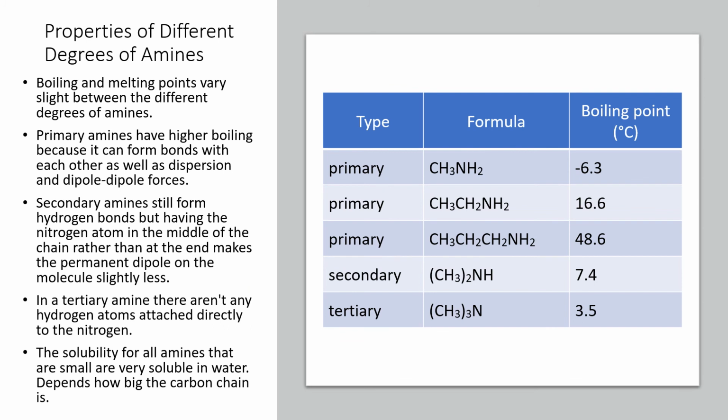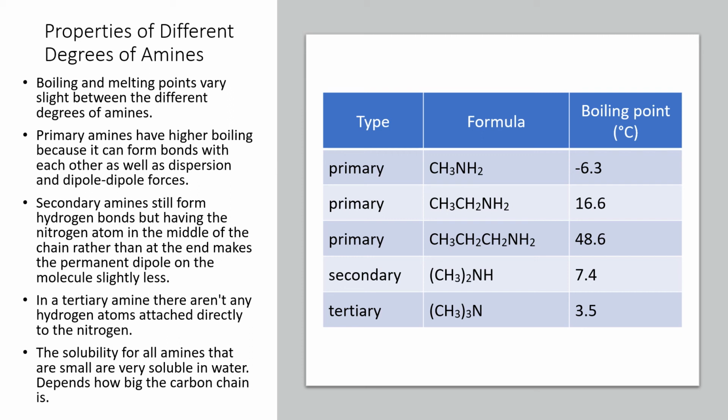Primary amines tend to have a higher boiling point because they can make hydrogen bonds with each other as well as dispersion and dipole forces. Secondary amines still form hydrogen bonds, but having the nitrogen atom in the middle of the chain rather than at the end makes the permanent dipole on the molecule slightly less.